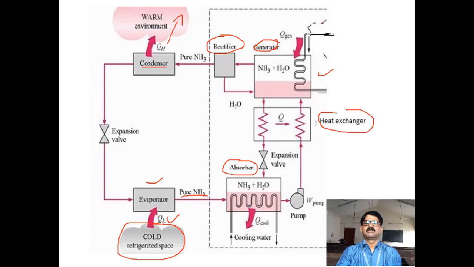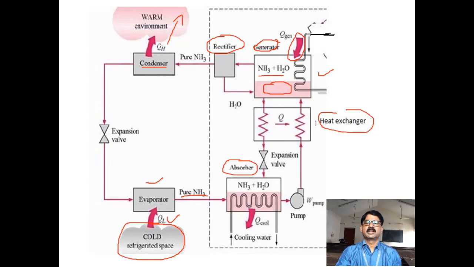Now let me start from the generator. The generator is the unit wherein the ammonia vapor is separated from the ammonia water solution. So this is a mixture of ammonia water solution. When it enters into this chamber, it is a strong solution, but here, by some external source, heat is added. You can see Qgen. So this is the coil through which some heat is added to this strong ammonia water solution.